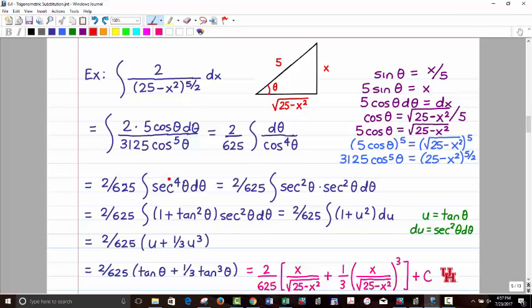And if you look at the rules from the trig integration section, there is a method for handling secant even and positive. You take the sec 4th and you save a sec squared for the du. You split it up into sec squared times sec squared, and you convert the first sec squared to 1 plus tan squared. So we have 1 plus tan squared, and we have sec squared.